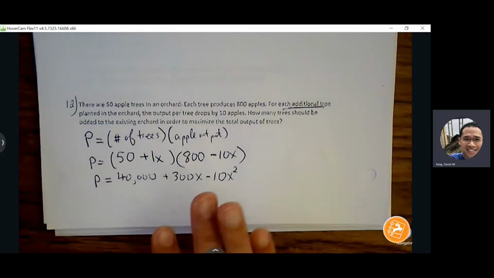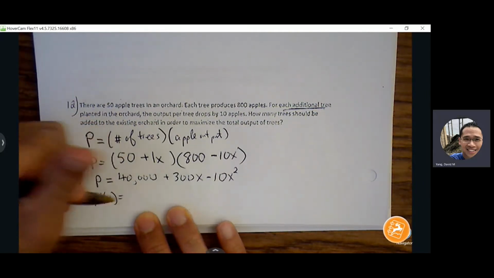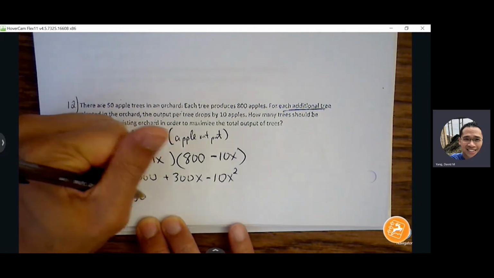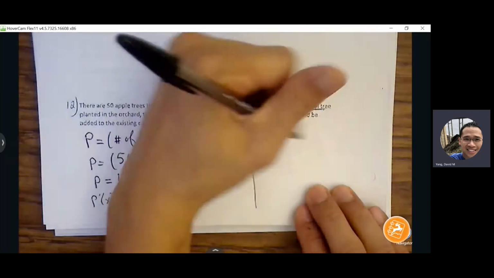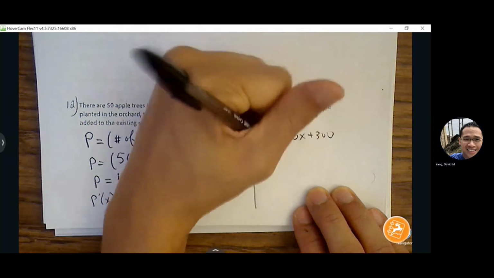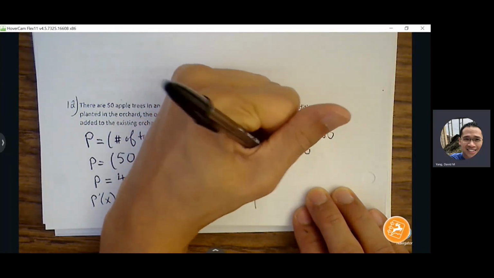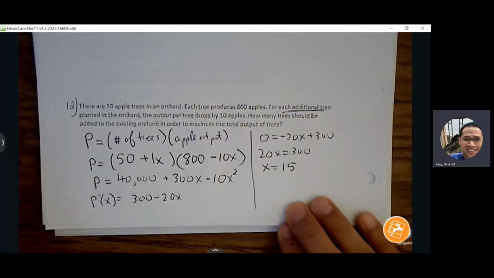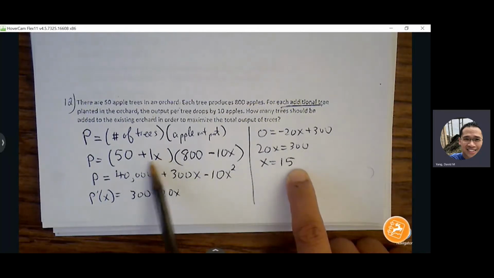Once you have your equation all cleaned up, find the derivative. This goes away. Always set the derivative equal to 0. So how many trees should be planted? We know that x is 15, so we're going to have to add 15 trees to maximize the output.